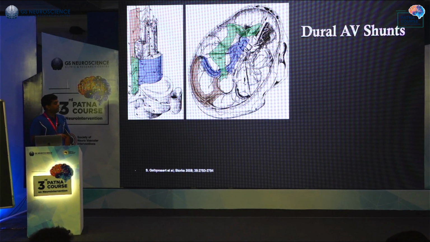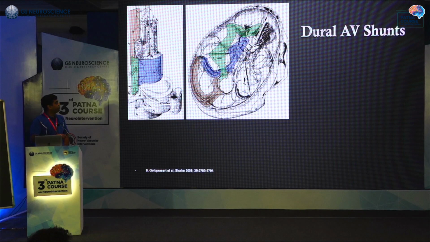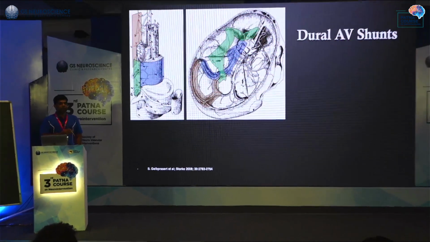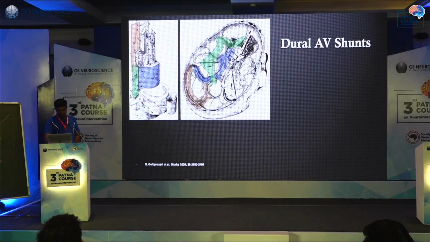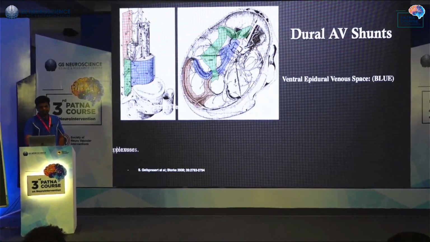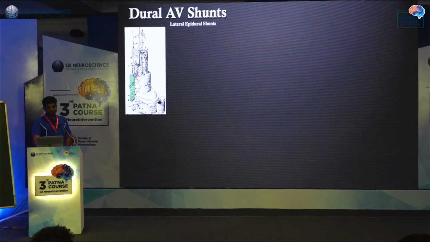For example, an ethmoid sinus or middle fossa dural fistula, likewise the root entry zone dural fistulas, are the ones that come to clinical attention because they drain into the medullary system and compete with the normal brain venous drainage. These are aggressive dural fistulas that need to be treated.